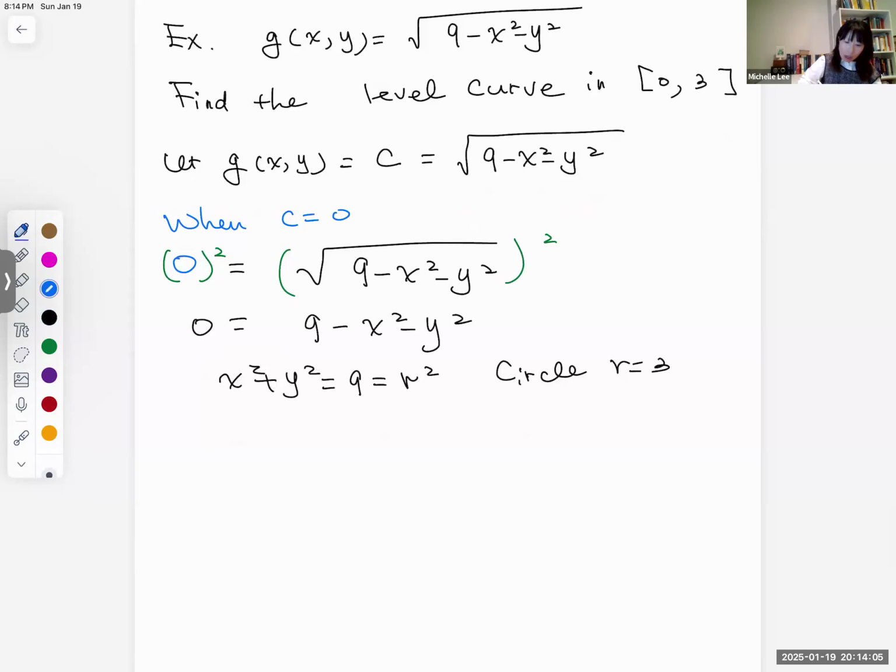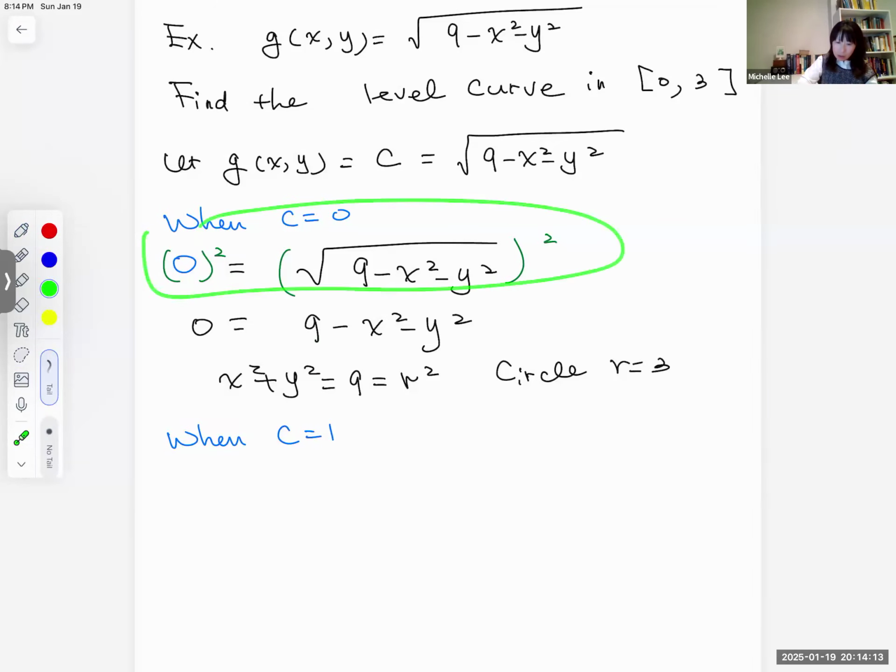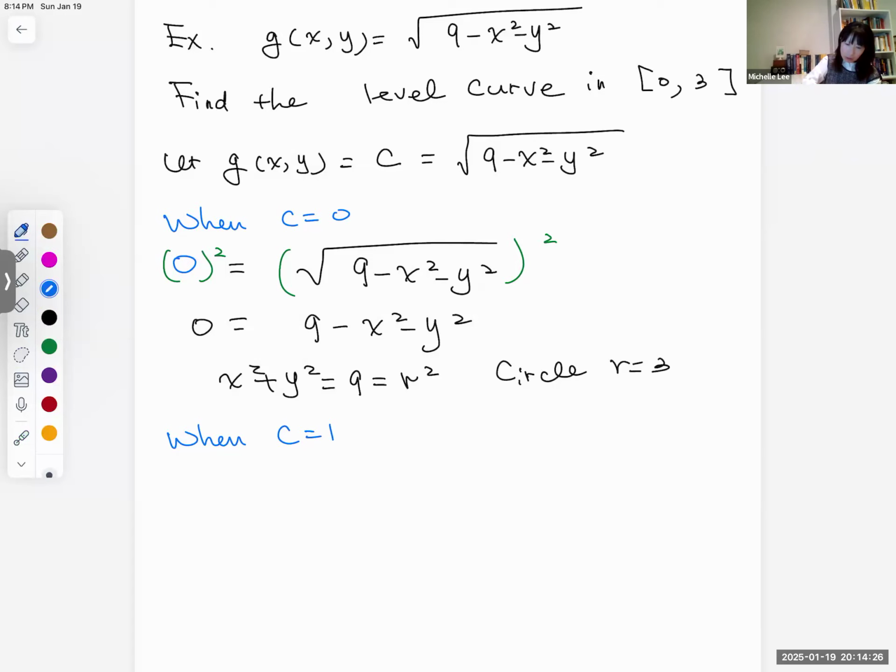Okay, how about when c equal to 1? So let's skip this step. So 1 equal to that, right? So we have 1 equal to square root of 9 minus x squared minus y squared.